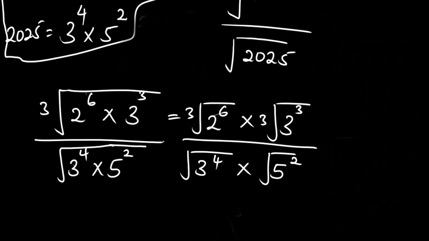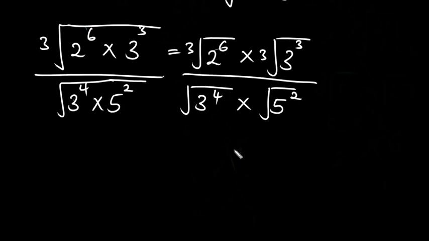Now, there's a law of indices that states that if you have a number, let's say A, and we are finding the nth root of A, this is the same thing as having A raised to 1 over n.